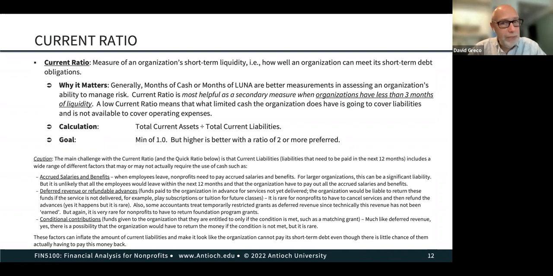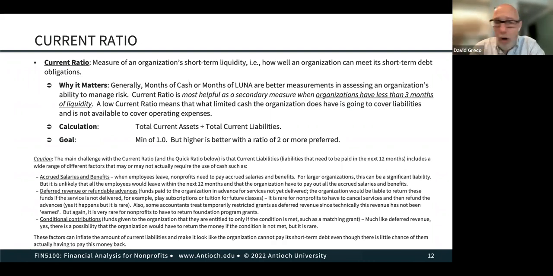But a couple things just to be aware of, right? There are some things that we classify as liabilities that aren't things that are going to be paid right away. One of them is payables to our employees and vendors. So when an employee leaves, right, you have to pay out all their accrued vacation and benefits and all of that good stuff. Well, all of that sits on your liabilities on your balance sheet.